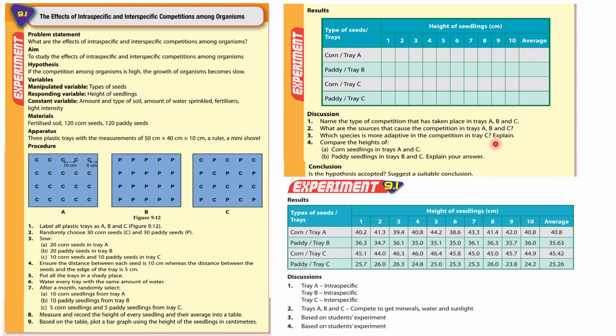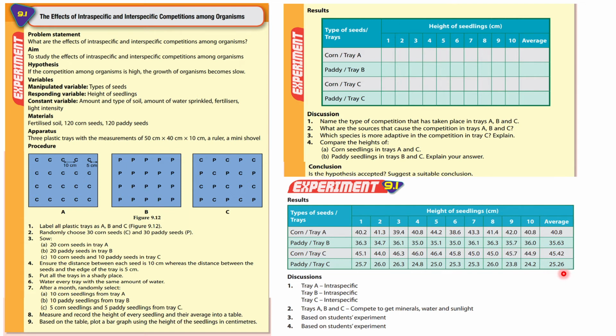And you are to explain, and you are to compare the heights of the corn seedlings in tray A and C, and also paddy seedlings in tray B and C, and to explain. Okay, so this one differs based on the students' experiment results, but we are to look at the sample answers or the sample results given.